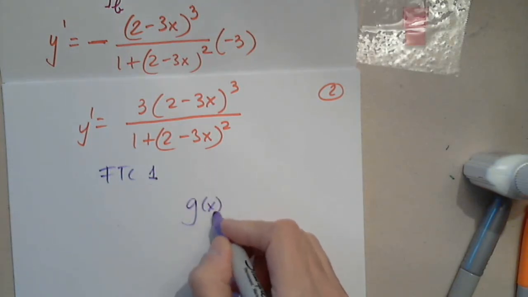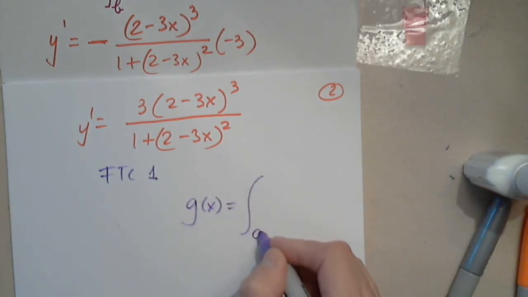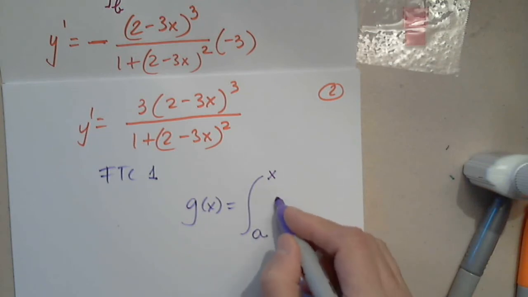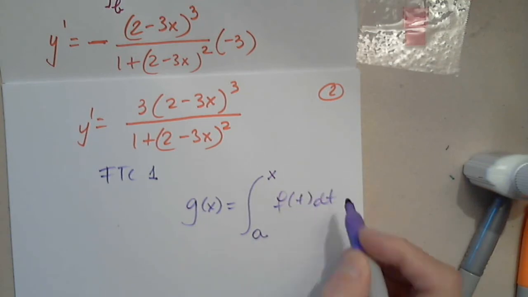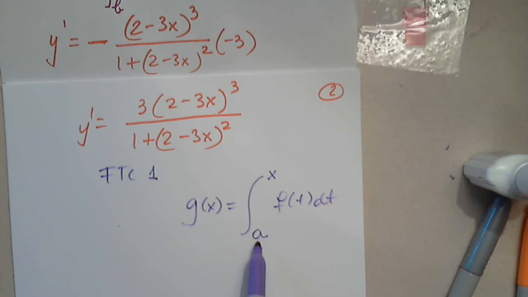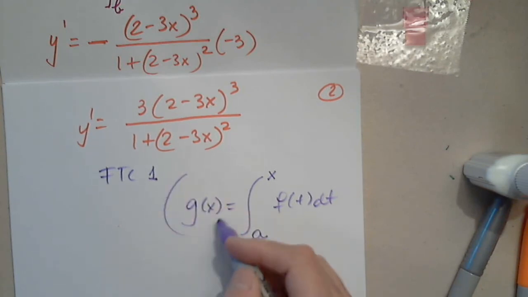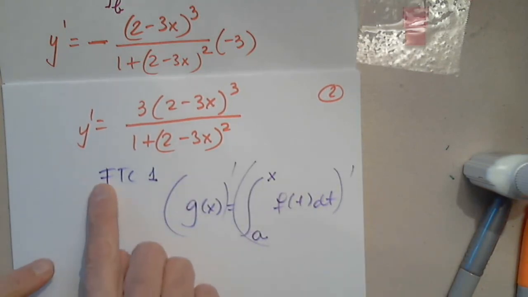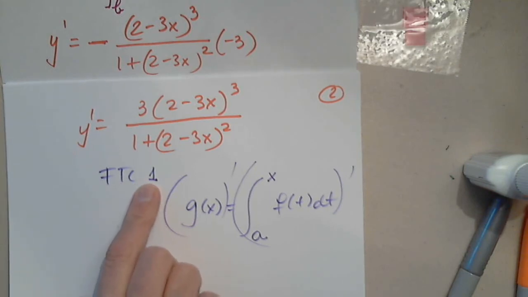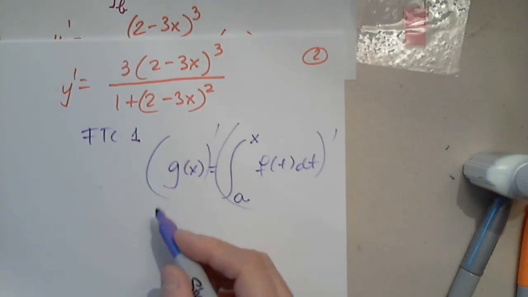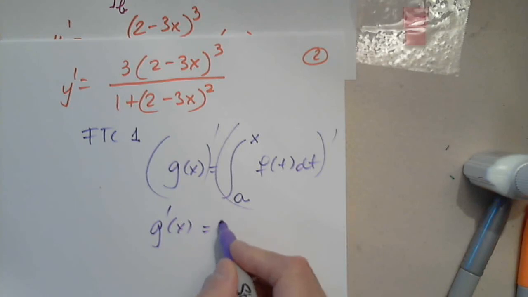G of x is the integral from a to x of f of t dt. So if I don't have a number here, I cannot apply Fundamental Theorem of Calculus Part 1 and differentiate both sides and get this.